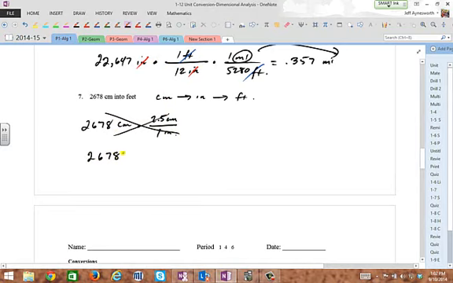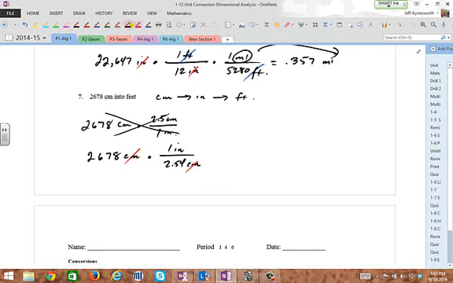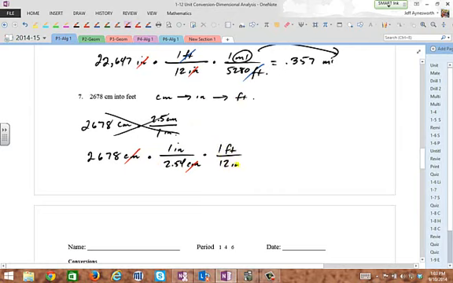So 2,678 centimeters times 1 inch per 2.54 centimeters. Now cancel out the units, and you'll see you're writing this correctly. And then we need to go from inches to feet, and hopefully you know that there's 12 inches per foot, or 1 foot per 12 inches, right here. Cancel out the units, and then go for it on your calculator.